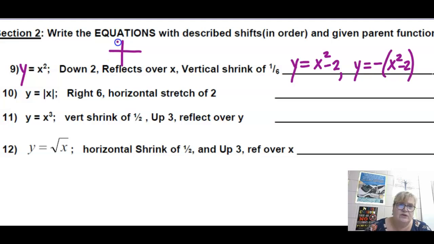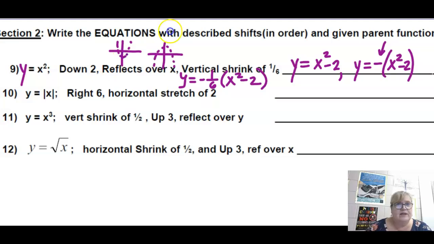So it's down here, and then reflect it over the x-axis, which would put it up here. You could distribute that negative, but we'll just leave it. And then a vertical shrink of 1/6 goes in here. So the final answer is -1/6 x squared minus 2, like that, okay? I think that's harder than anything I put on a quiz too.